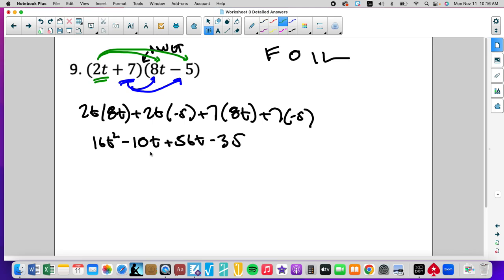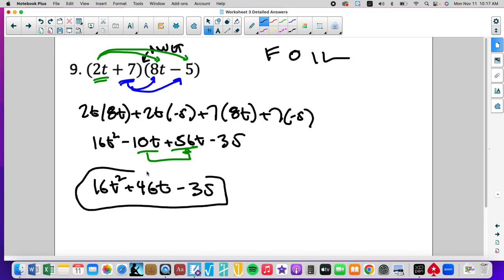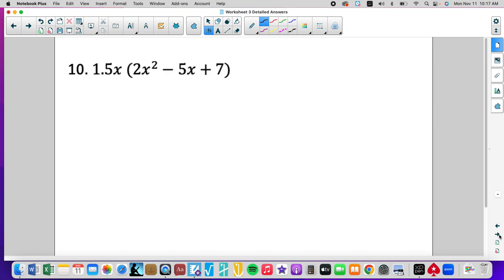Now we have some like terms here. Our inside and out, or outer and inner, are like terms. So we will combine those, and that'll give us plus 46t minus 35. And that's multiplying binomials.